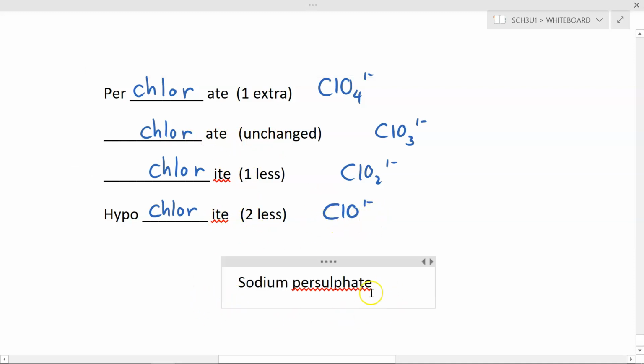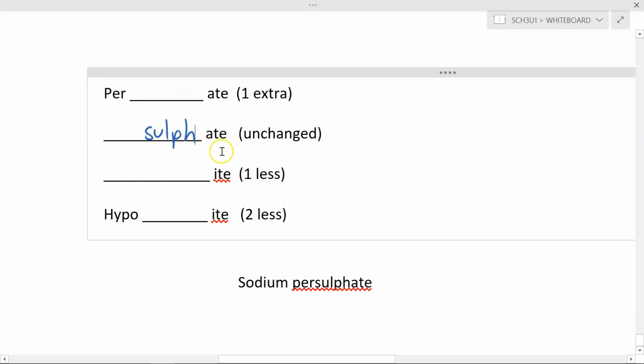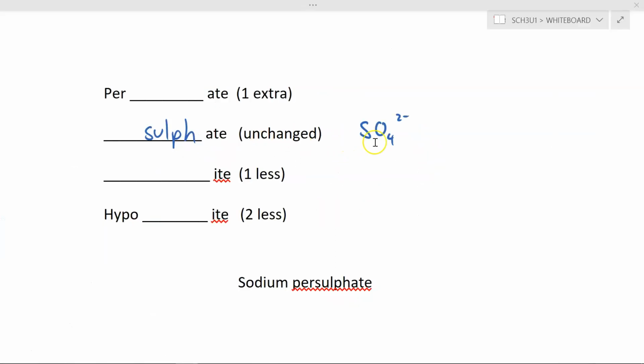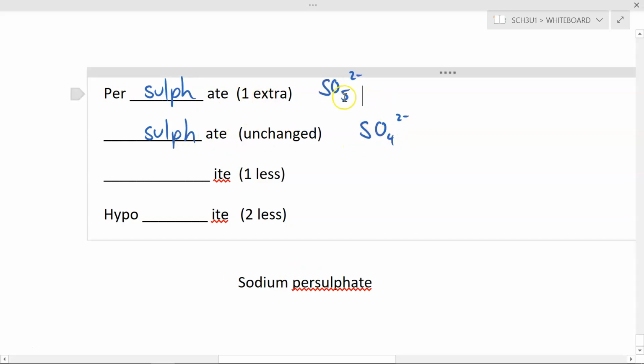Alright, let's try this one out. Sodium persulfate. I know the regular sulfate is an SO4 with a 2- charge. But by adding the prefix per in front, now that tells me I have one extra oxygen than I normally would have. So instead of SO4, it's SO5, again with a 2- charge, so the valence charge doesn't change because it's still part of the same family.